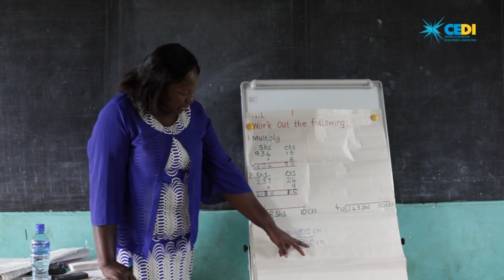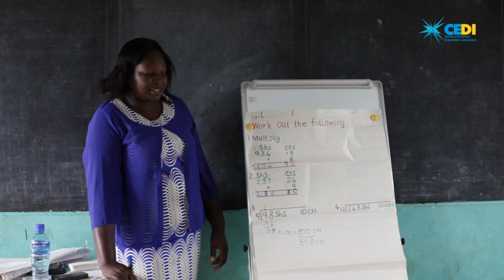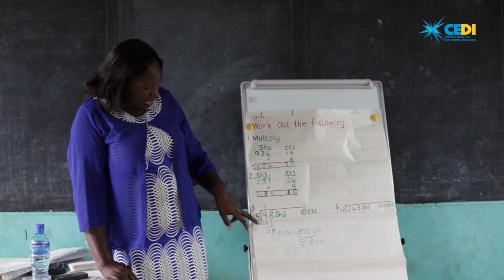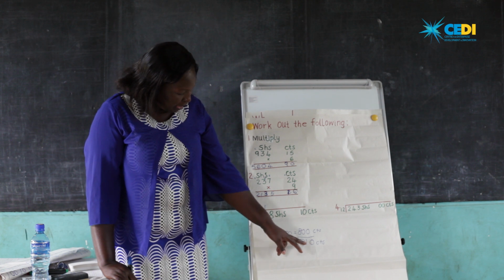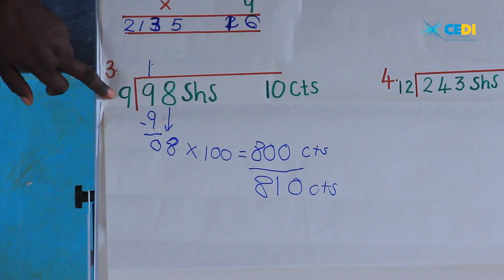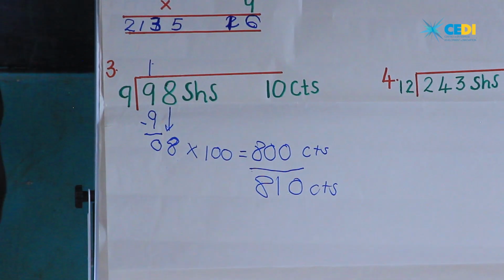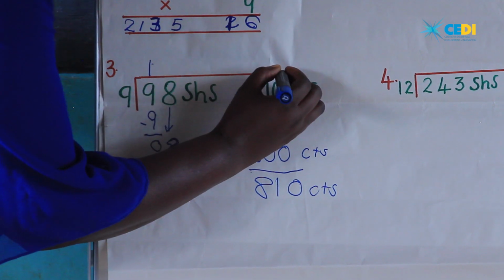So we move to the next digit. When we move to the next digit now, we have 81 cents. 81 cents to be divided among 9 children. How much will you give each child? I will give each child 9 cents.